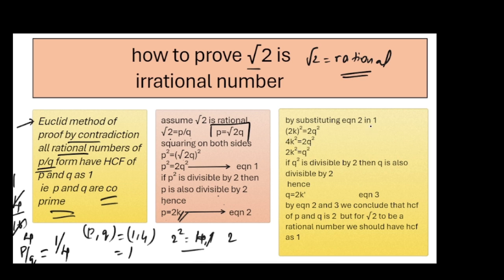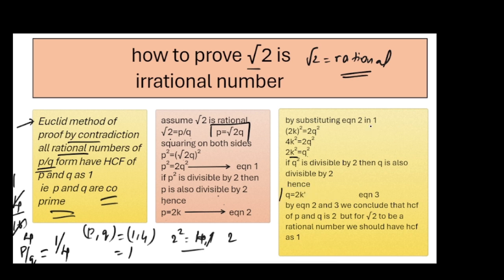So what will I be left with? q square equals 2k square. Now again the same logic comes. If q square is divisible by 2, then q is also divisible by 2, correct? As we explained previously. Hence I can say q equals 2k dash. Let's name this equation 3.